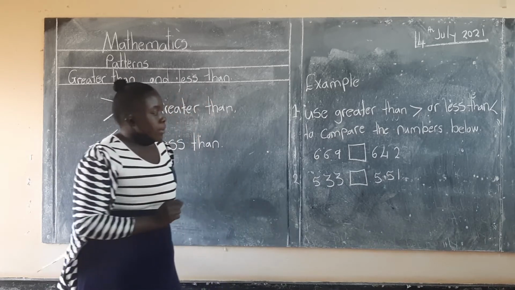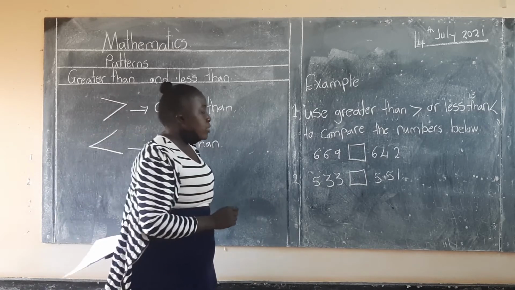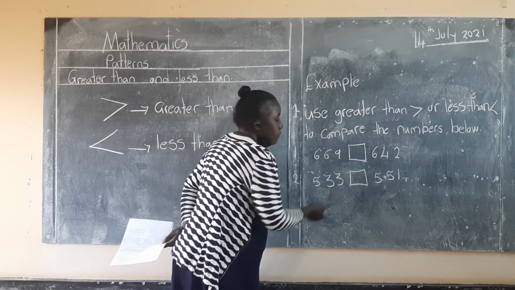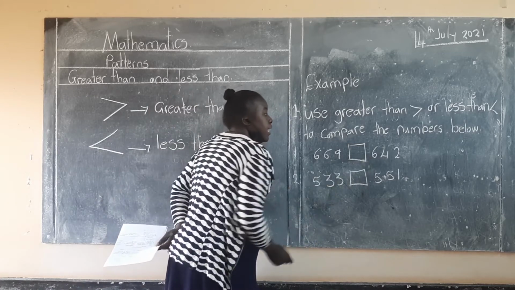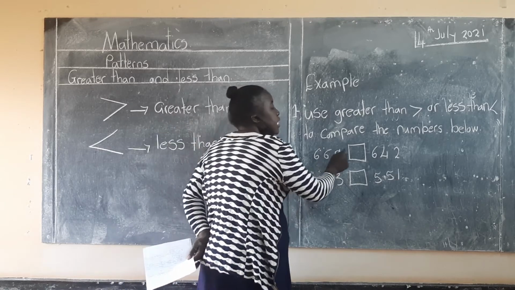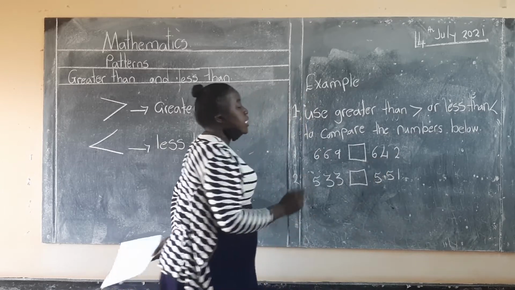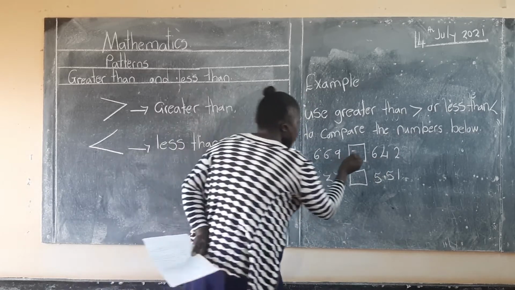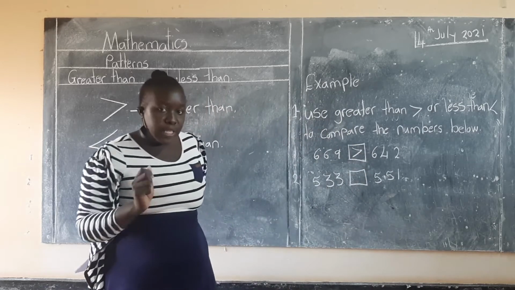The symbol that is supposed to be in the box is the symbol for greater than. Reason being, the first number is greater, or bigger, than the last number. So we are going to say 669 is greater than 642. The symbol that we are going to use is the symbol for greater than.